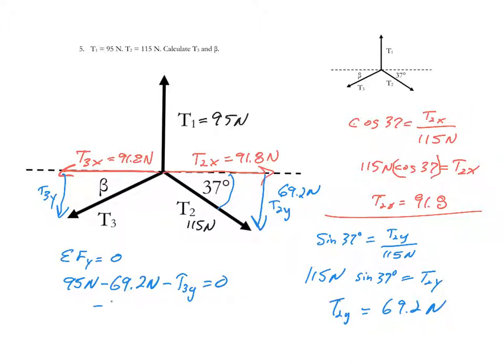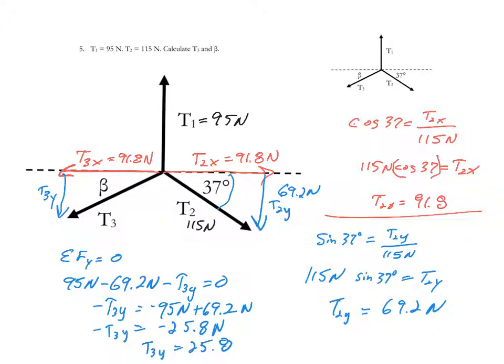So negative T3y equals negative 95 plus 69.2. I'm going to get negative 25.8 newtons. When they're both negative, they're both positive. So T3y is 25.8 newtons.